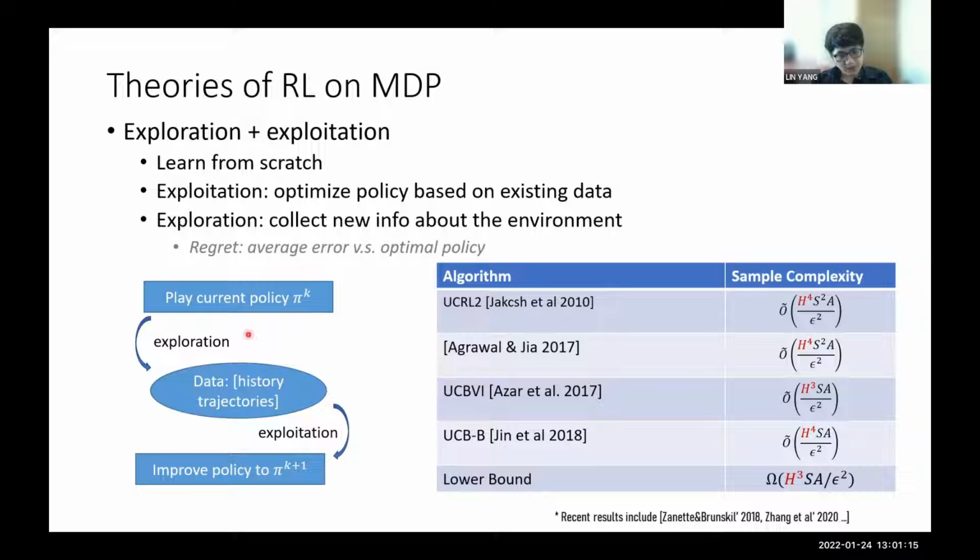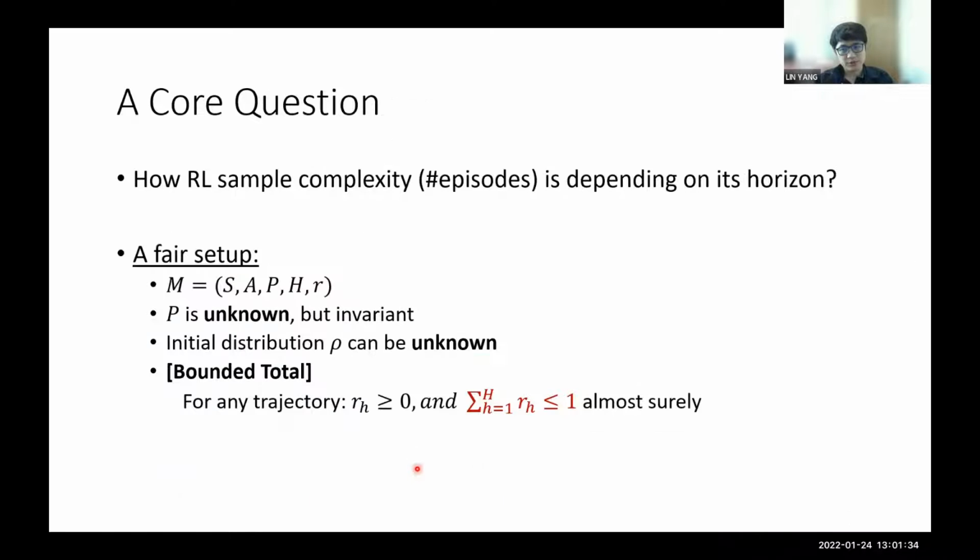So as you can see, as I mentioned, the core problem in reinforcement learning is really to understand the dependence on the horizon. But like I said here, in all those papers, they care about this horizon dependence by using the scaling that reward is bounded between 0 and 1, which might not be fair in order to study the horizon dependence. For instance, consider the multi-armed bandit problem, right? For the multi-armed bandit problem, you play an action, so you're going to get a reward which is bounded between 0 and 1. You can assume that, okay?